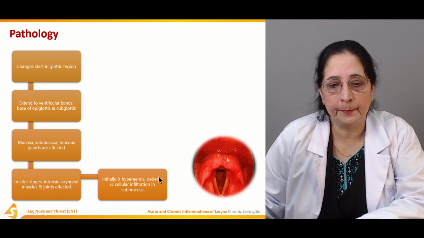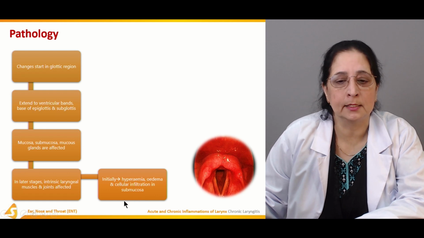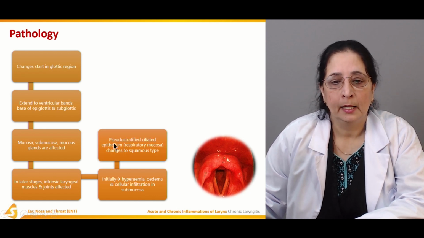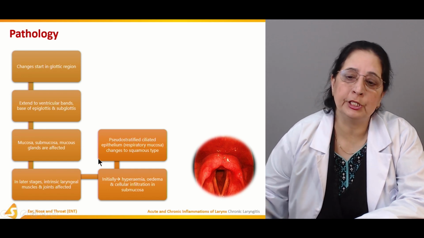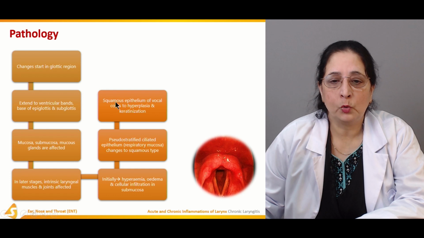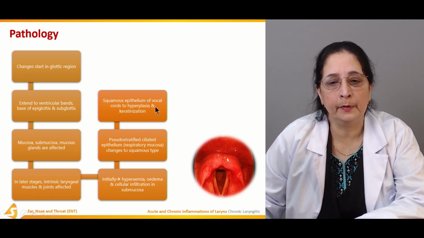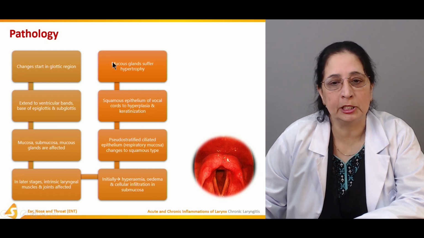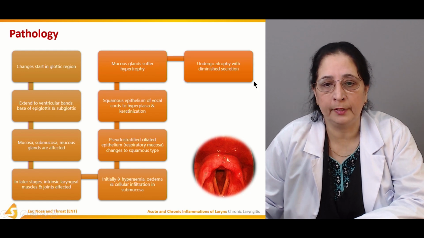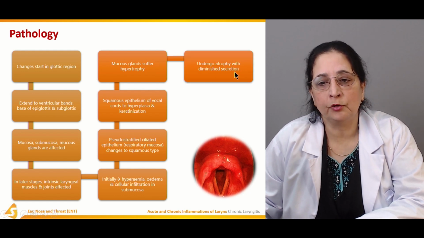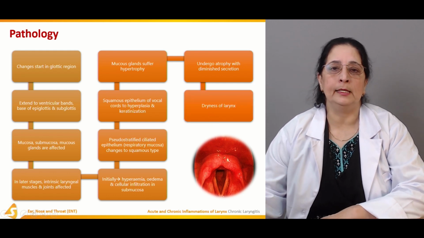Initially, there is hyperemia, edema, and cellular infiltration in submucosa. Then pseudostratified ciliated epithelium changes to squamous type. Squamous epithelium of the vocal cord leads to hyperplasia and keratinization. Mucous glands suffer hypertrophy, then undergo atrophy with diminished secretion and dryness of the larynx.